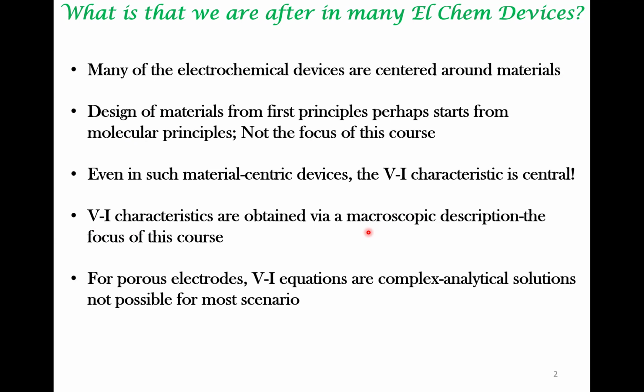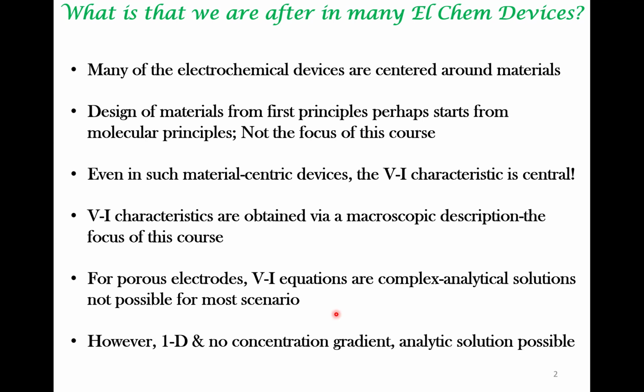For the porous electrodes, the equations that go into the VI characteristic are fairly complex. We have already looked at VI characteristic for systems that are geometrically, structurally simple. When these equations are generalized to porous electrodes, the equations become fairly complex, and in most cases, analytical solution is not possible.